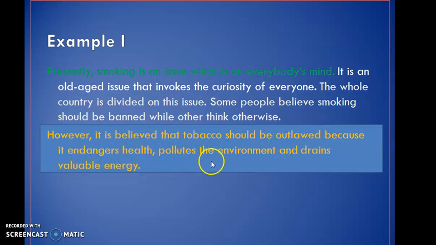Endangers health, pollutes the environment, and drains valuable energy. And just like the previous example, this will go to the first body paragraph, these will go to the second body paragraph, and these will go to the third body paragraph. So if you would like to know more, if you would like to find the explanation or even the example, you would know where to look. Alright, so basically that is what we call thesis statement.